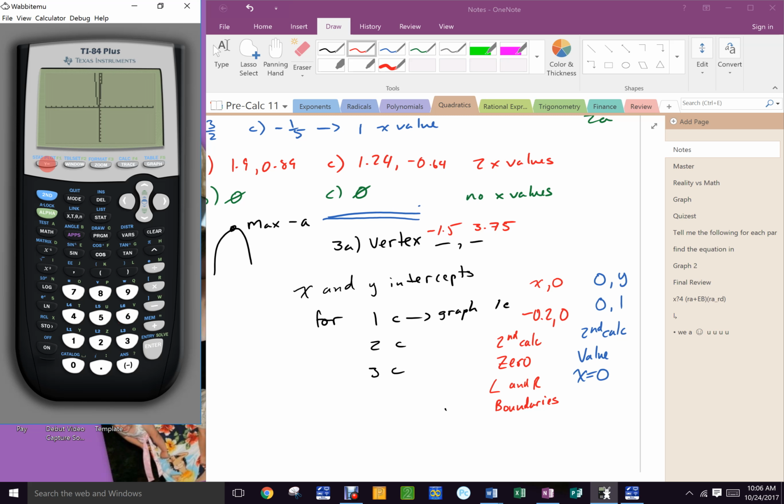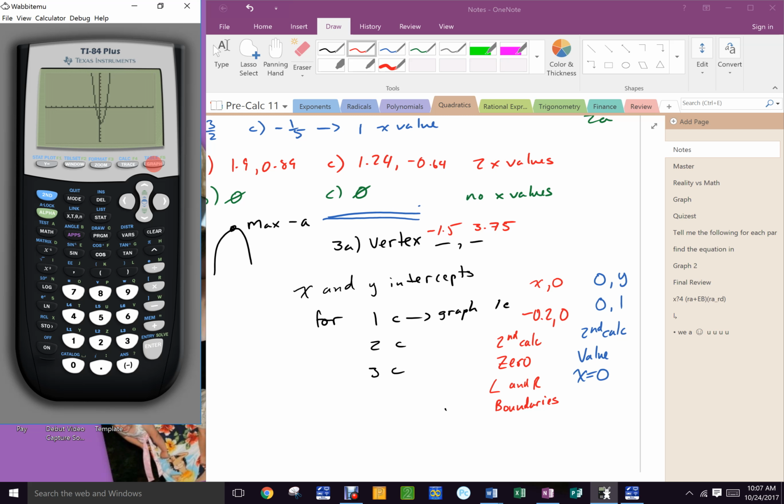So let's go into our y values. Do we care about this one anymore? No, so we're going to get rid of it. And what are we going to type in there? We're going to type in 2C now. My computer's frozen. What is 2C? 5x squared minus 3x minus 4. Graph.